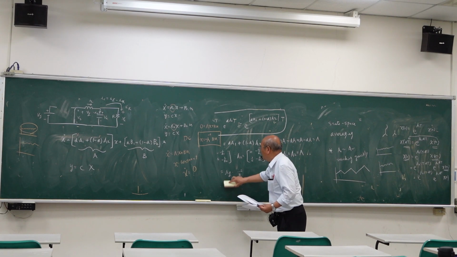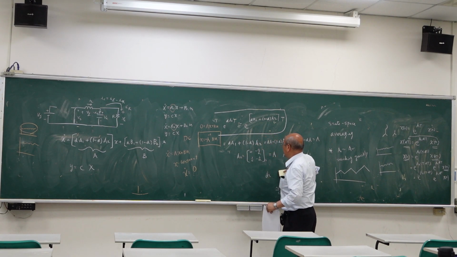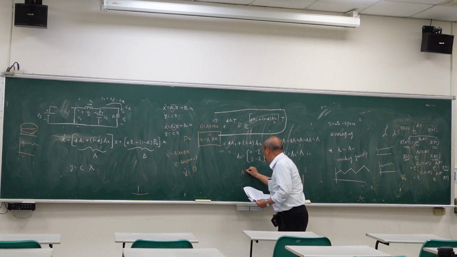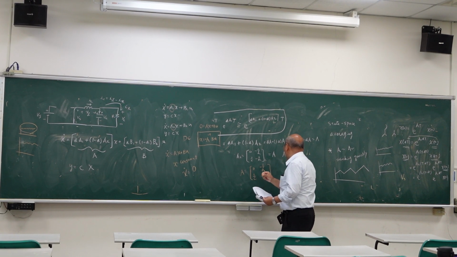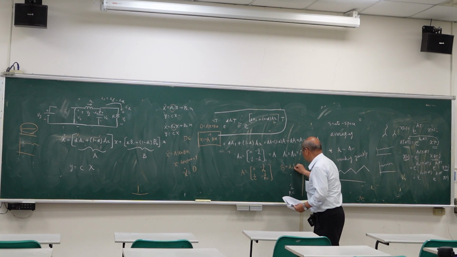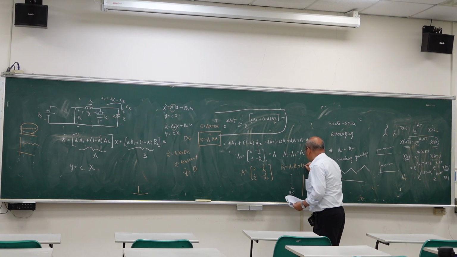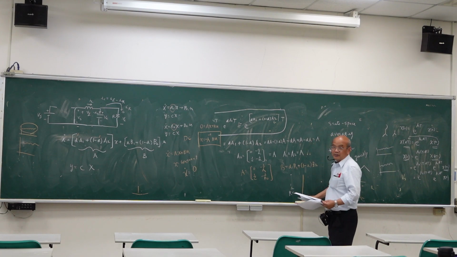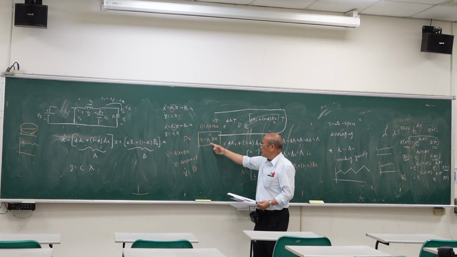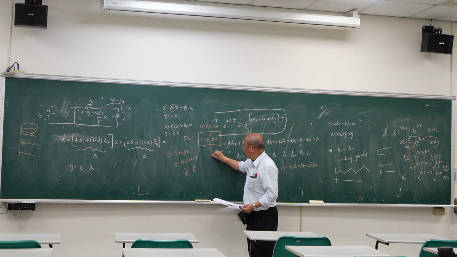So I give you one assignment. You have A, what is A? This is A. What is B? This is B, right? So can you use this result to find steady state?